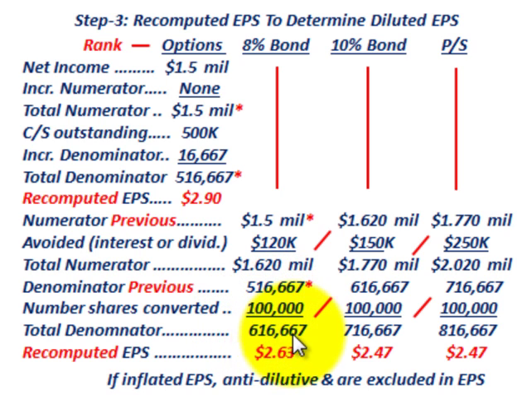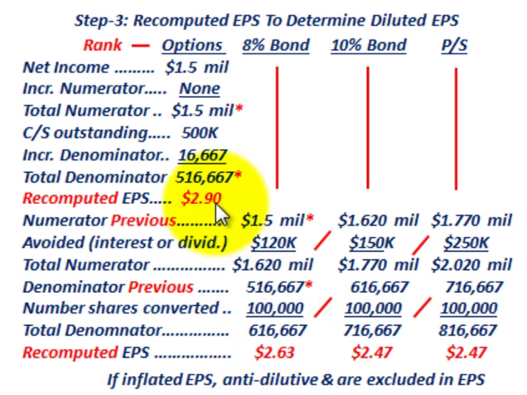So our total denominator comes up to 616,667 shares outstanding. Divide that into our total numerator adjusted for the interest expense, 1,620,000, and we get the recomputed earnings per share at $2.63.